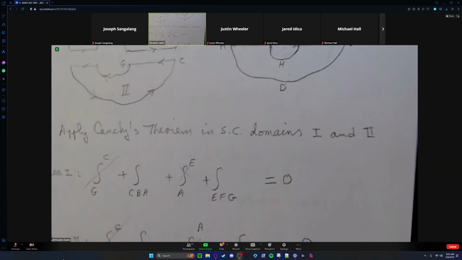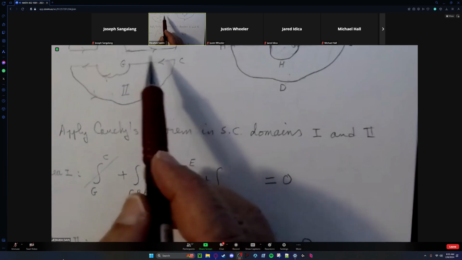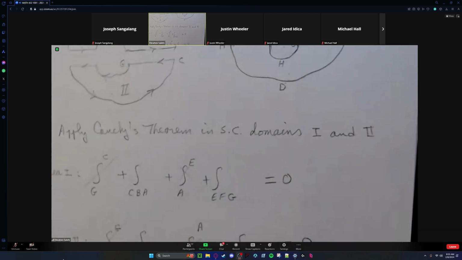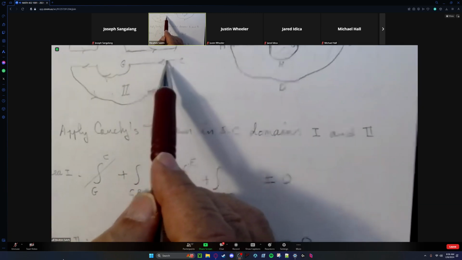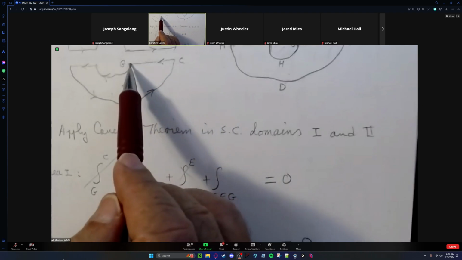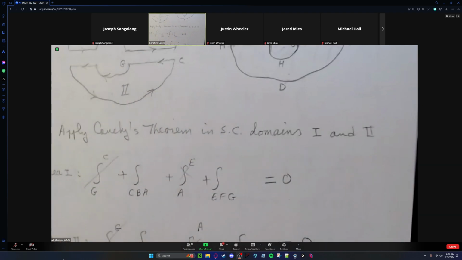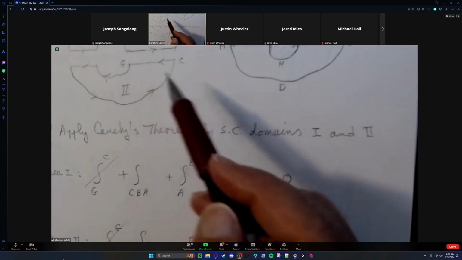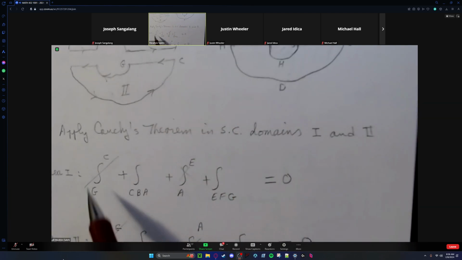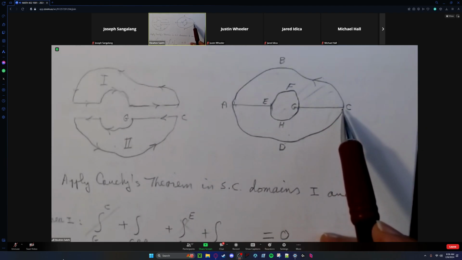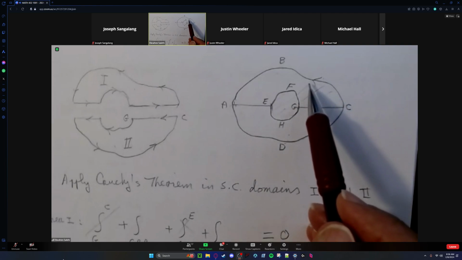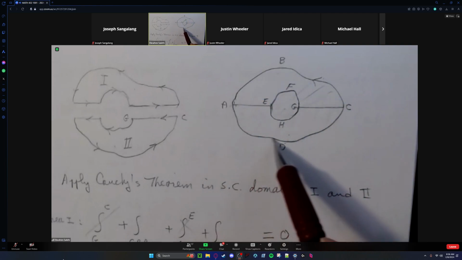But after integration, you add these two. The integral over this is changing the orientation. When you change orientation, it should be negative of that. So this and this cancels, this one and this cancels, and the result will be, look, I'm integrating over this up to here and this.